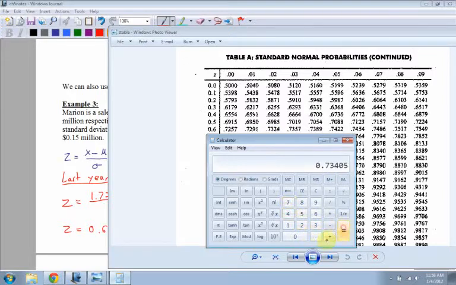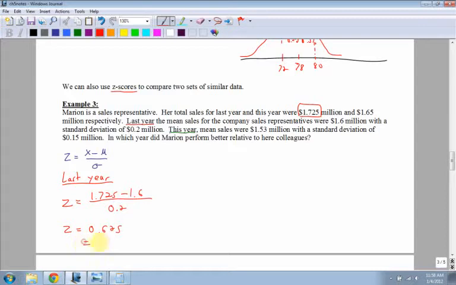I add it, and I get approximately 0.73405, and that's my probability, which is equal to, we'll round that off, 73.4%.